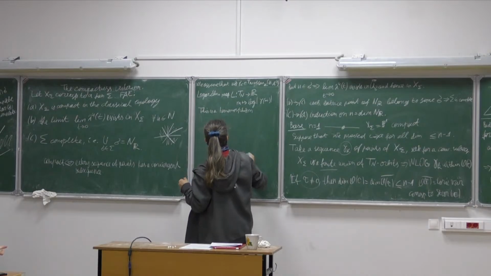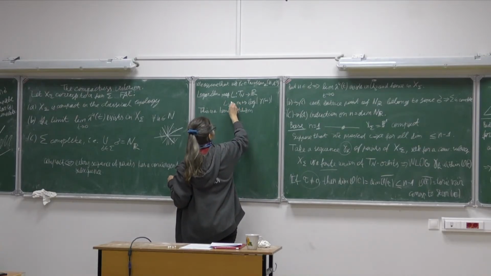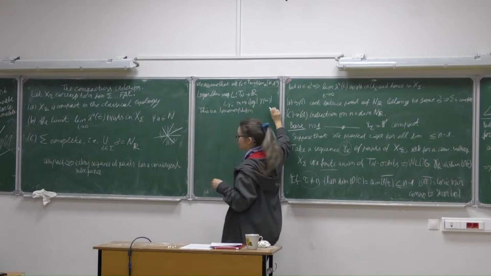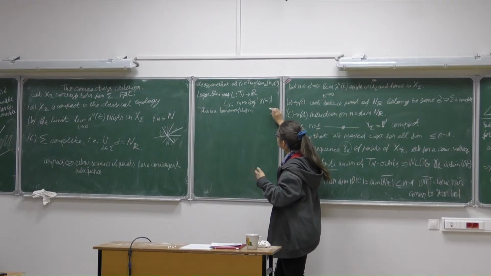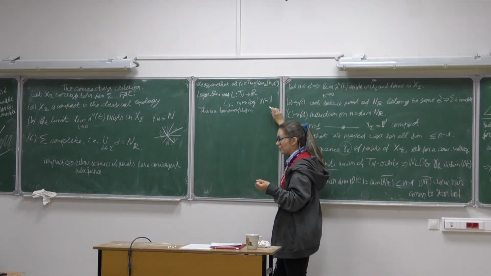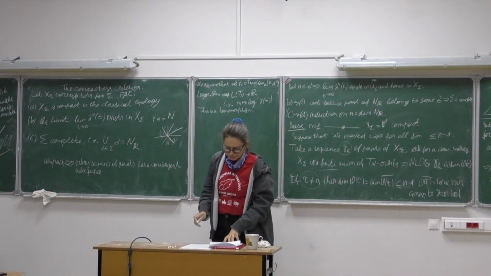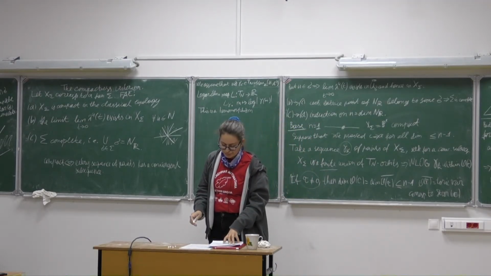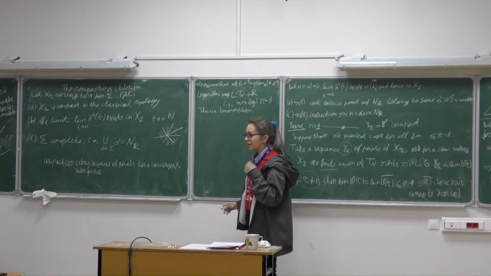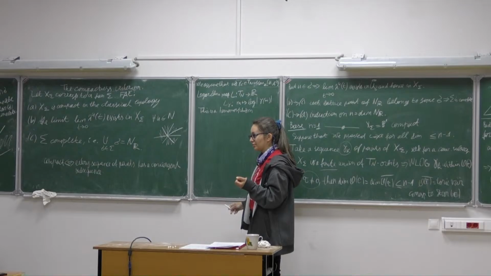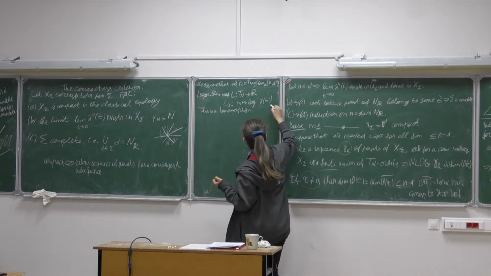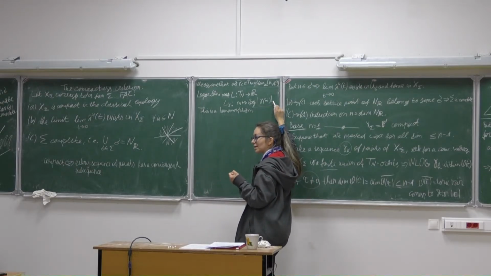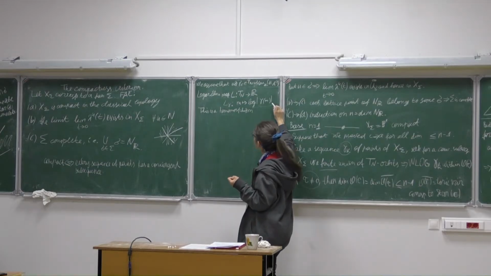M is not an element of Tn, it is a monomial, so it should be something like chi m. We say that gamma is a semigroup homomorphism. You take some non-zero value and take its absolute value.